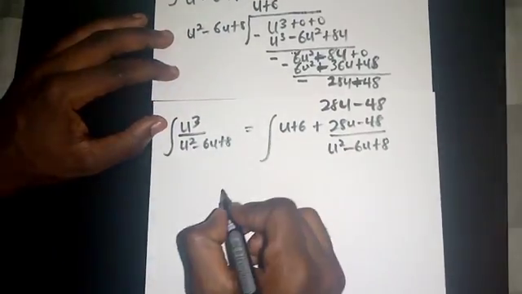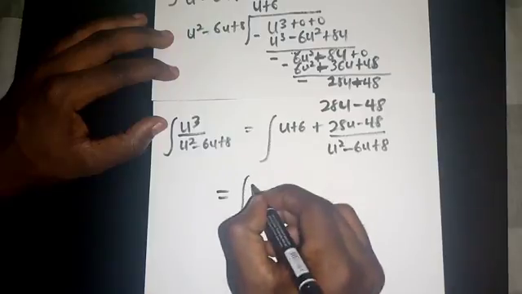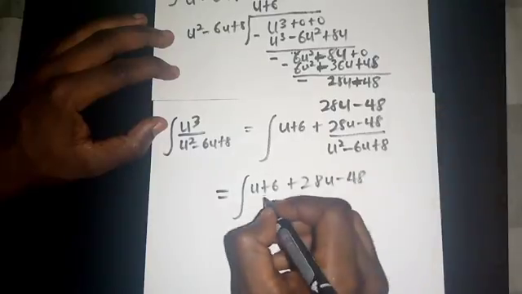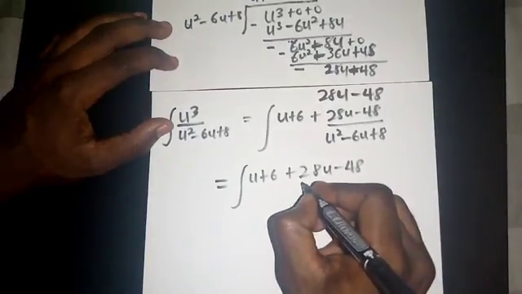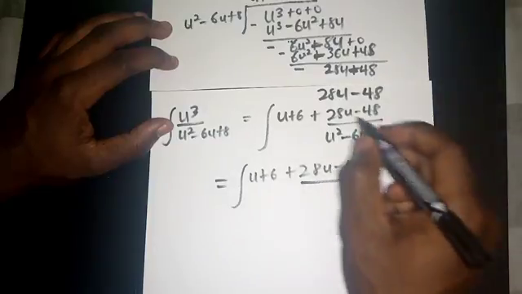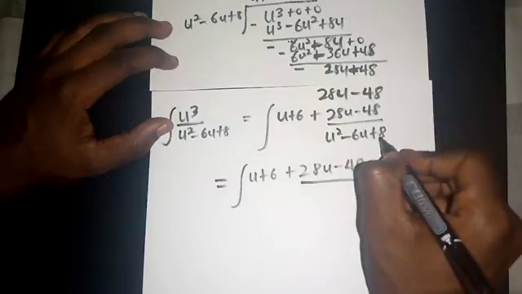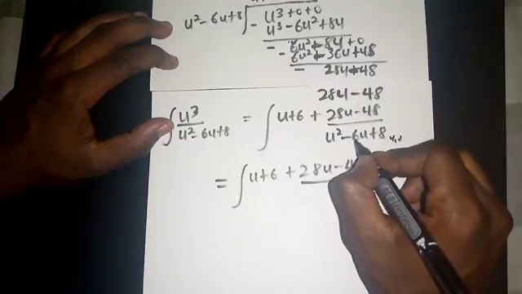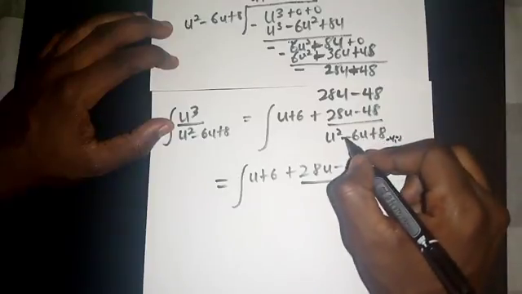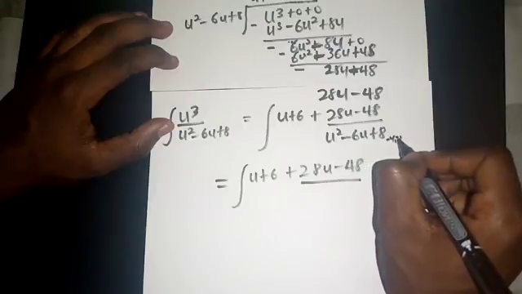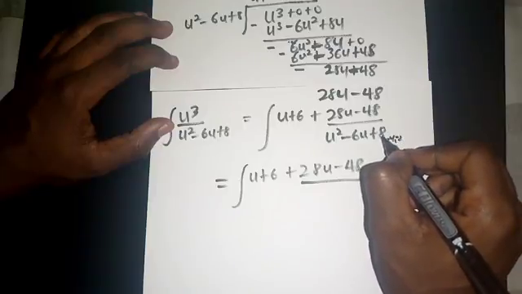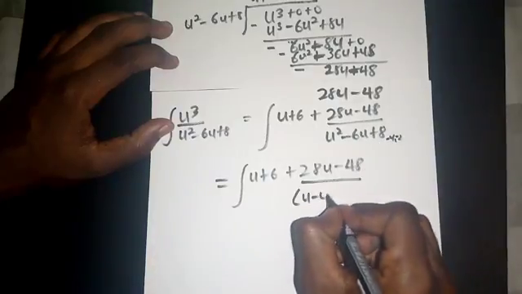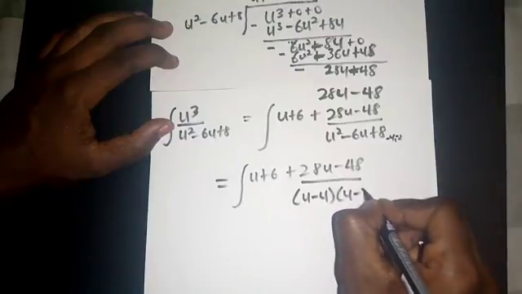So this is equal to u plus 6 plus 28u minus 48, divided by the quadratic. Now in factoring this, we need two numbers that multiply to 8 and add to positive 6, so negative both sides: negative 4 multiplied by negative 2 is positive 8, and negative 4 plus negative 2 is negative 6. So the factors are u minus 4 and u minus 2.